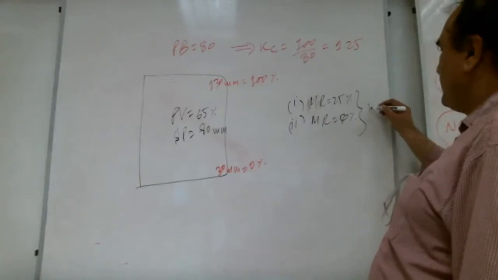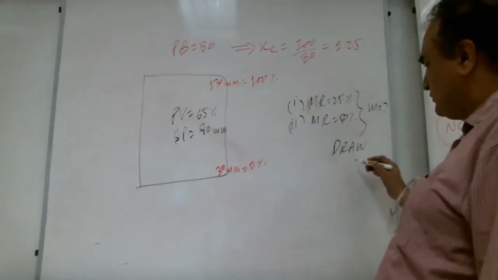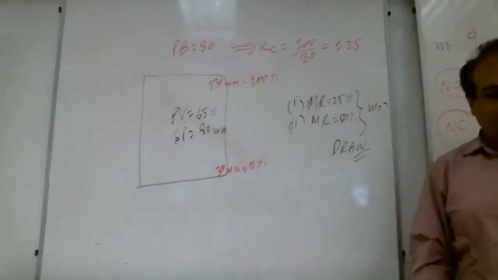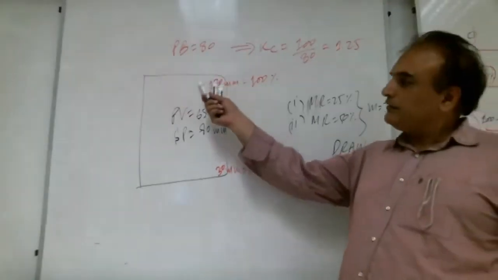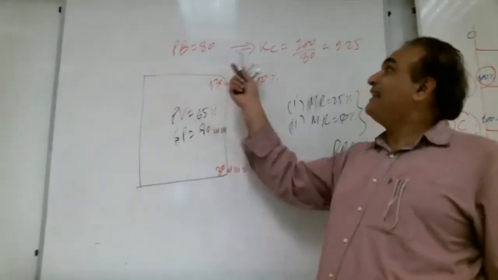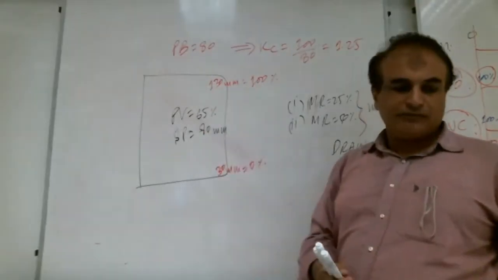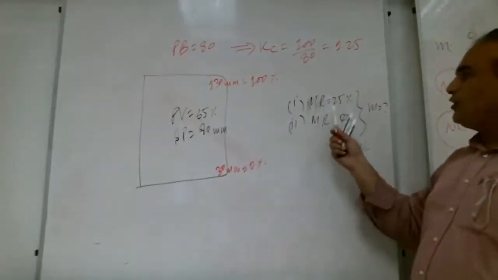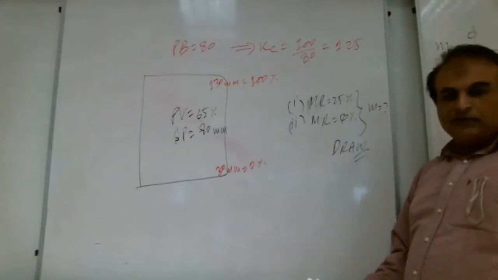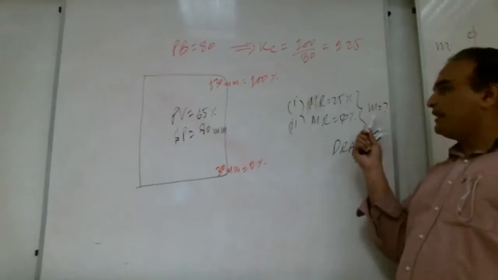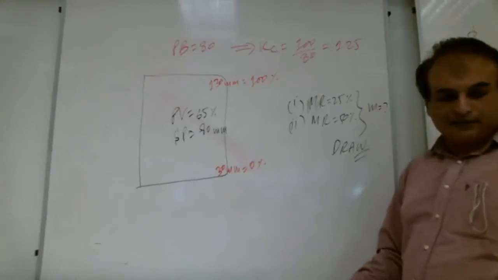We need to find the output of the controller. So we are saying we have been given the gain, the PV, SP, and 2 MRs. Right, Shabab? So what do we need to find? We need to find the output and we need to draw it.